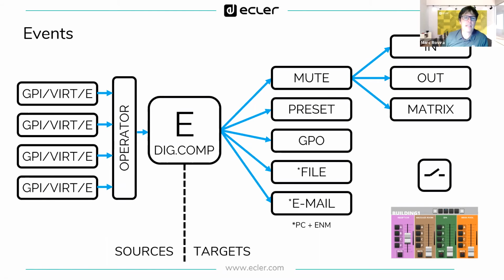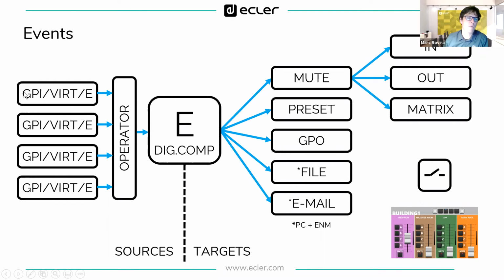The next type of event is digital compound. Basically, this is to relate different types of sources. For example, you want to make an action when GPI1 is active and an event is active and a virtual is pushed.